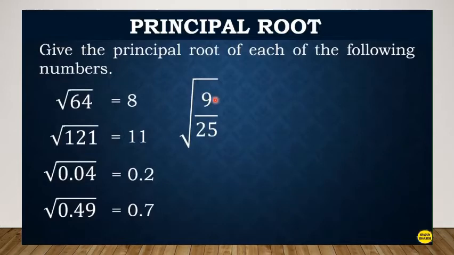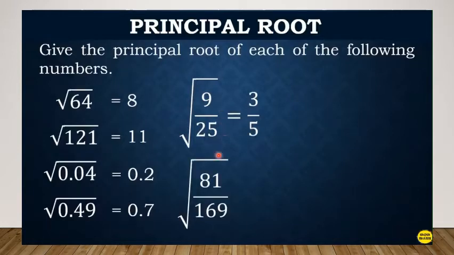But if you will look at the numerator and denominator, they are both perfect squares. So 9 is a perfect square and that is 3 because 3 times 3 is 9. 25 is also a perfect square and that is 5 because 5 times 5 is 25. So kung ito ay 3 at ito ay 5, therefore the square root of 9 over 25 is 3 over 5. Next, I have square root of 81 over 169.